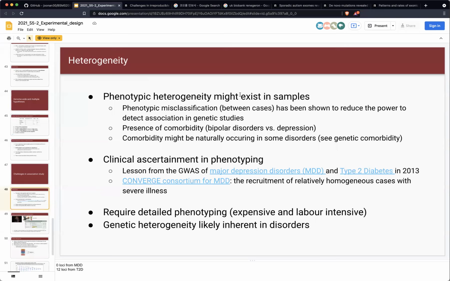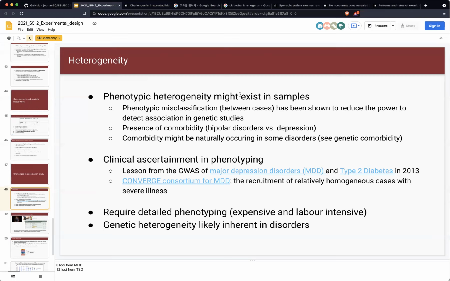Sometimes doctors misclassify, or the measurement is wrong, or the disorder is natively heterogeneous in a population. Or sometimes patients can have different comorbid conditions, for example bipolar disorder patients can also be diagnosed with depression. All of this phenotypic heterogeneity can be a problem in association testing.